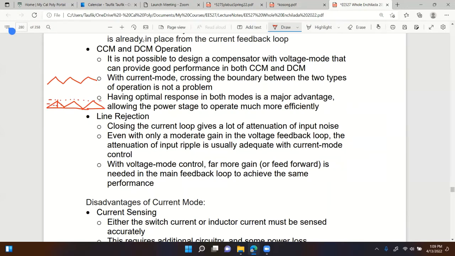Boundary conduction mode means constant inductor current. So the same effect, meaning the inductor current looks like a current source, because it's always kept at boundary conduction mode. So CCM and DCM operation for current mode control could have the same compensator, whereas in voltage mode it does not.